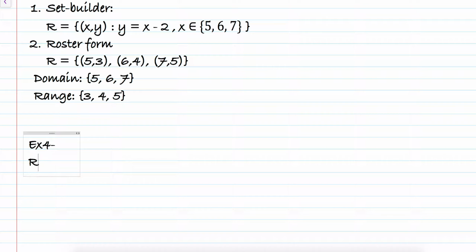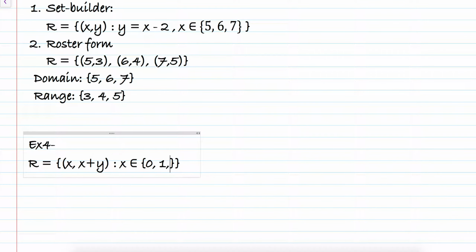We are given a relation R defined as x comma x plus y, such that x belongs to 0, 1, 2, 3, 4, 5.